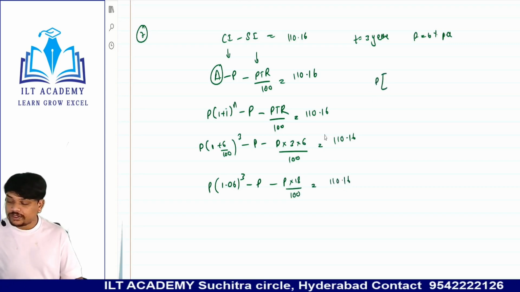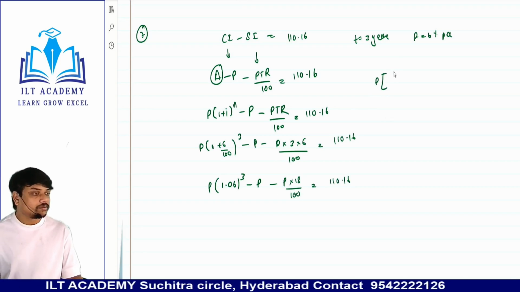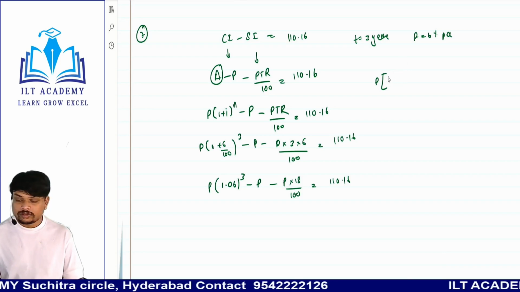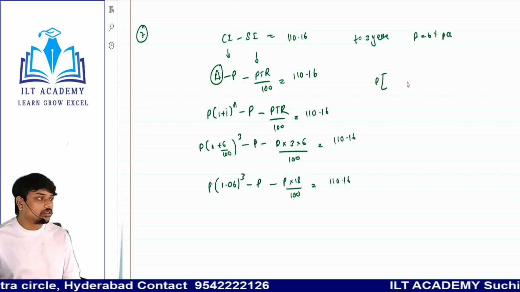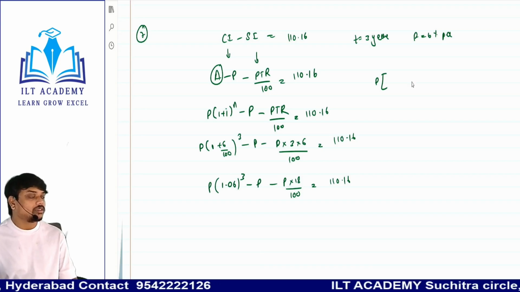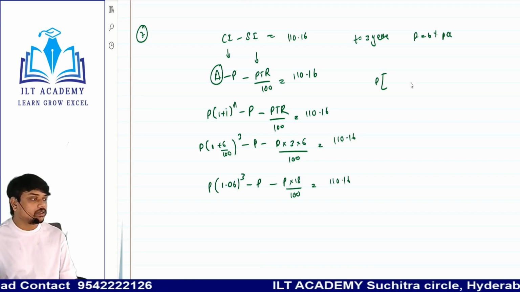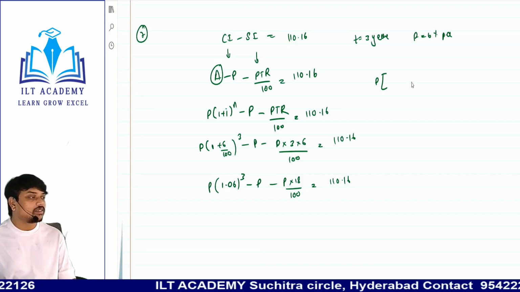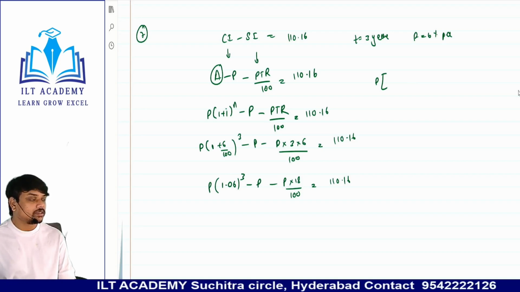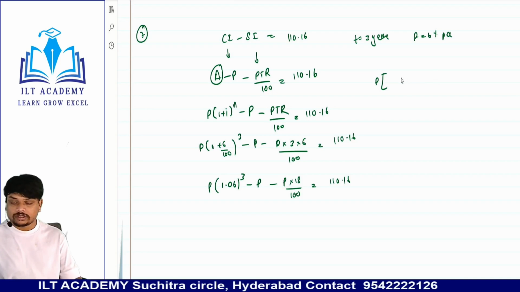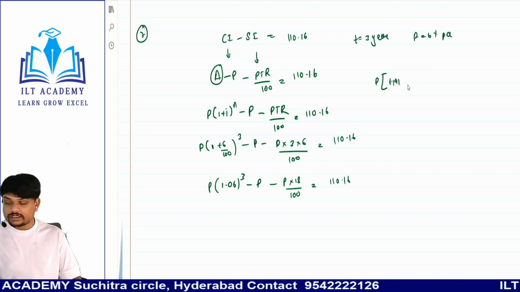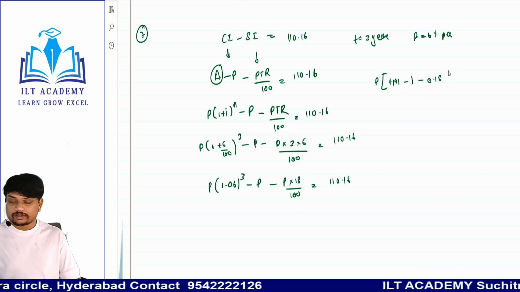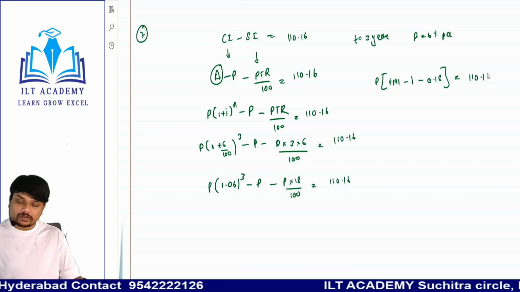You take P common, no? What is 1.06 whole cube? Whole cube means 1.06 into 1.06 into 1.06, three times. Multiply it out: 1.191 minus 1 minus 18 by 100, which is 0.18, equal to 110.16.